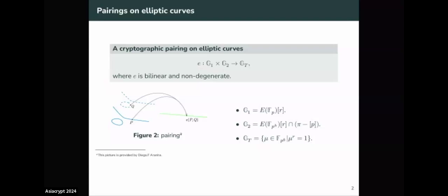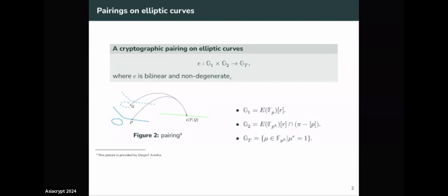The cryptographic pairing is a bilinear and non-degenerate map that takes elements from G1 and G2 to a third group GT. These three groups have the same large prime order. In detail, the two important groups G1 and G2 are two subgroups of an elliptic curve. In our work, we need G1 and G2 to be different, and there is no efficiently computable homomorphism between them.